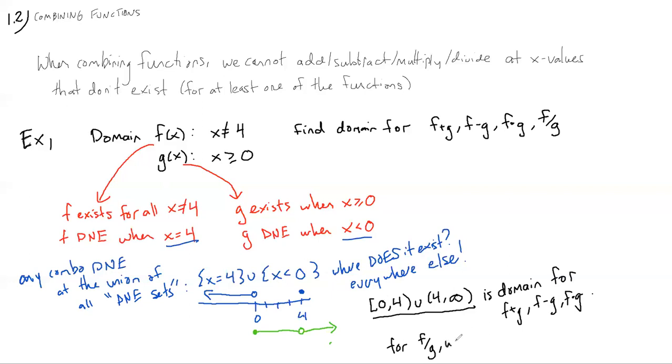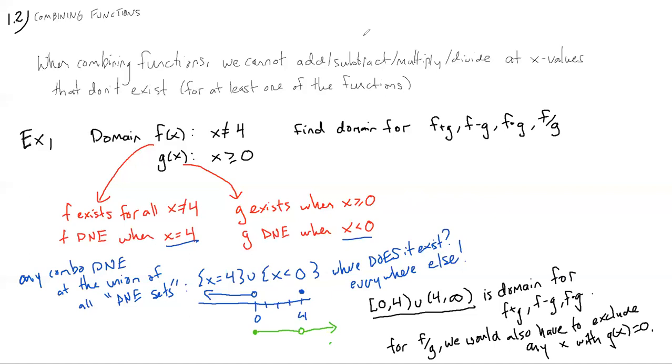So I'm going to write a little note: we would also have to exclude any x with g of x equals 0. We simply don't have enough information to do that right now.